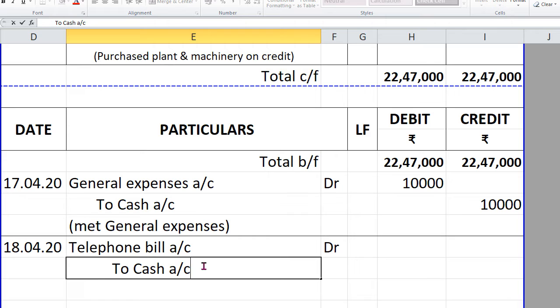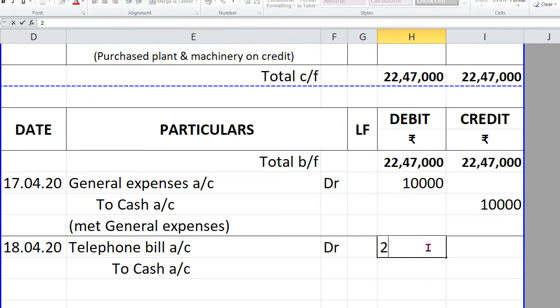See, if you pay cash, you write cash. Else, if you give cheque, write bank. If you don't mention anything, you have to consider it to be paid in cash. So 25,000.